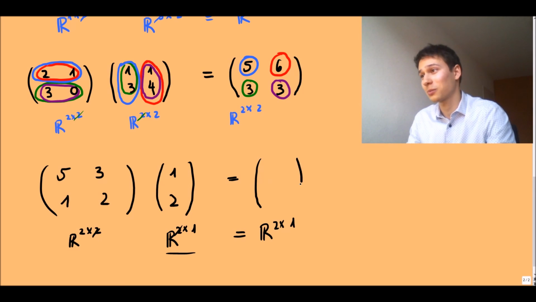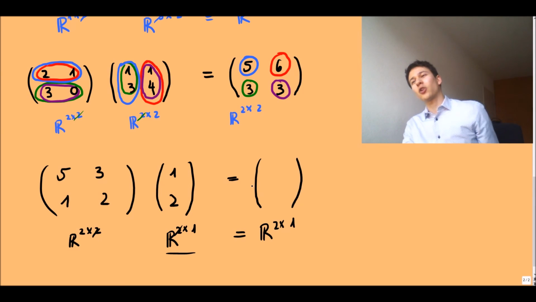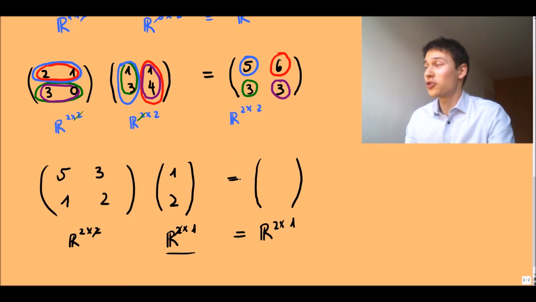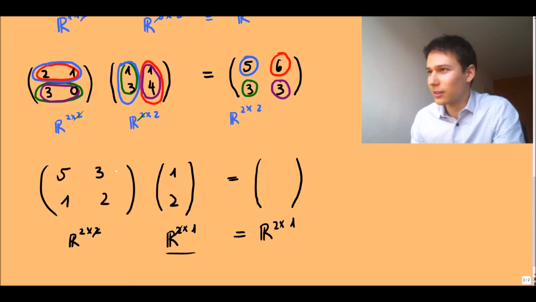So we get some vector, and all that's left to figure out is the entries of the vector. And now I hope you know how you would do that. Let's try white. So you look at this first row vector.